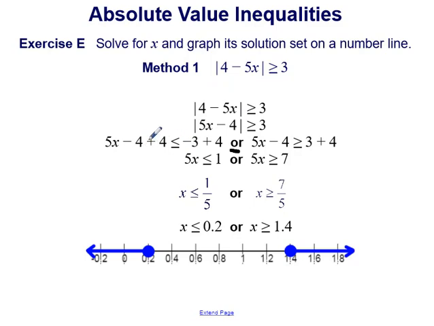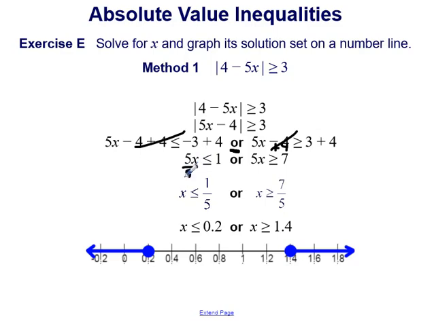So we're adding 4 to both sides there, and we're using that distance fact, and we end up with 5x is less than or equal to 1. If we also add 4 here, we get 5x is greater than or equal to 7.